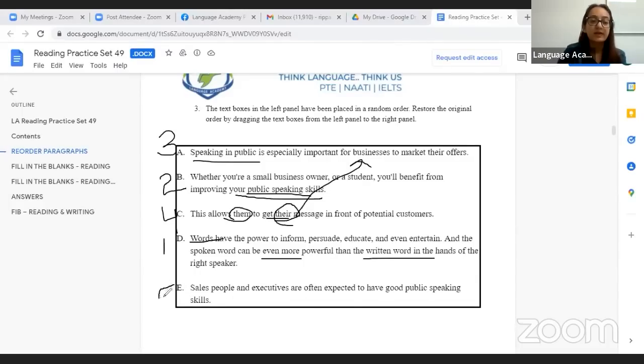And then we are narrowing down to salespeople and executives are often expected to have good public speaking skills because they will fall under businesses. Salespeople and executives will be part of the business, so it will come after this sentence. But in between comes their message, because the message cannot be of salespeople. The message is of the business itself. So that is why this sentence comes in between.